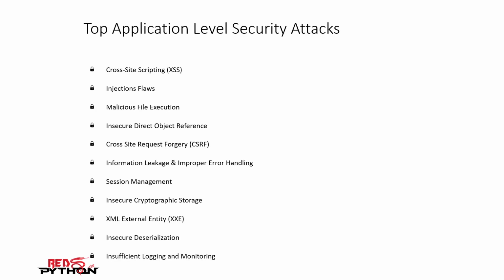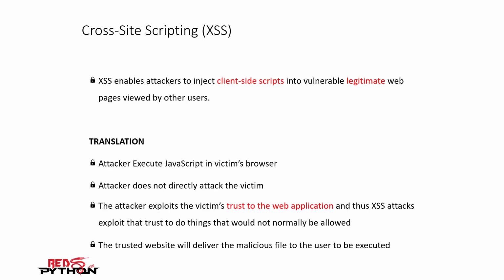The top application level security attacks we'll discuss today are mainly the OWASP top 10. Bits and pieces from here and there, I tried to compile the most critical ones. So we'll start with cross-site scripting. Cross-site scripting is an attack that enables attackers to run JavaScript on a victim's browser, as simple as that.